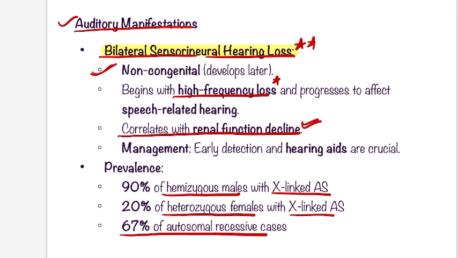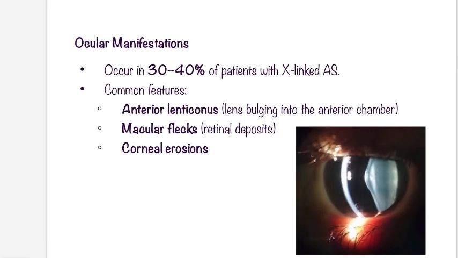Basically, the key takeaway from this discussion is that 90% of hemizygous males with X-linked AS are affected with bilateral sensorineural hearing loss, which is non-congenital, of high frequency, and correlates with renal function decline. Next in the triad, eye.